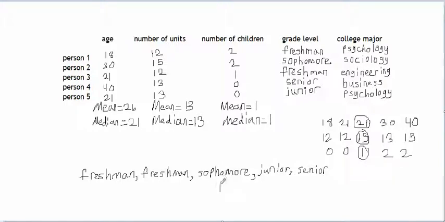The median is sophomore because that's the middle data value when the data values are in order from lowest to highest.